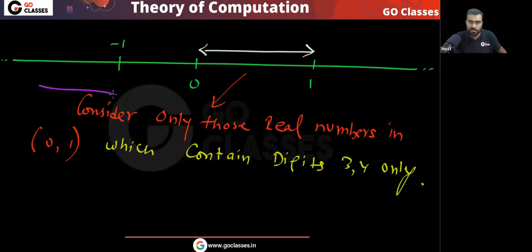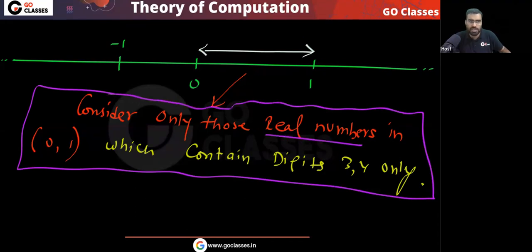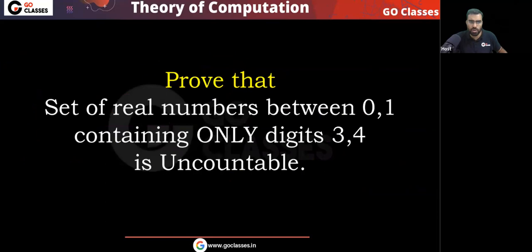If you look at this set, the real numbers which contain only the digits 3 and 4, this set itself is bigger than the set of natural numbers. Now let's prove it. Did you understand what we are going to prove?